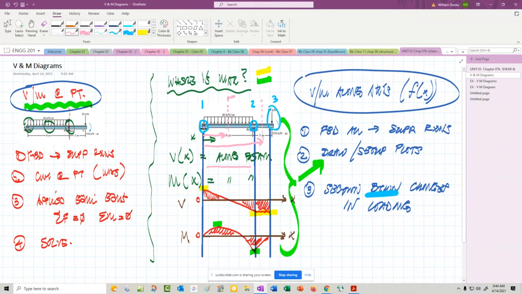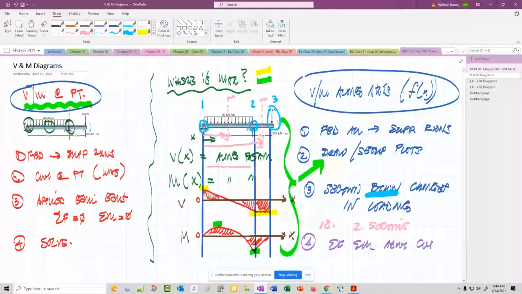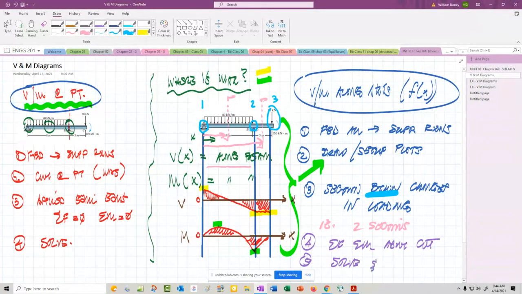So we're sectioning between the loadings. So in this example, we'll have 2 sections, and then we just continue what we did before: some forces, some moments about the cut, and we just solve and plot.